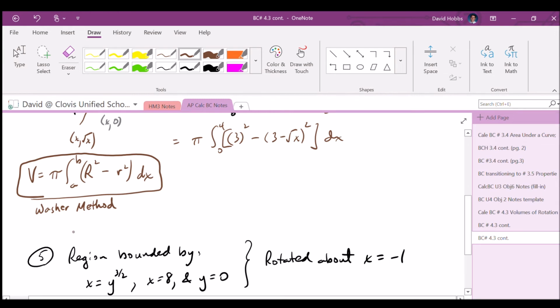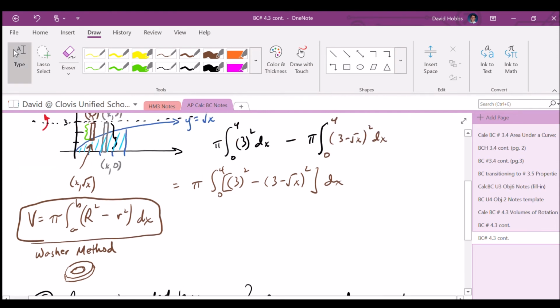We were getting a disc before, but if there's a hole in each disc, think about nuts and bolts and washers. That's why it's called the washer method, because you're stacking a bunch of washers.